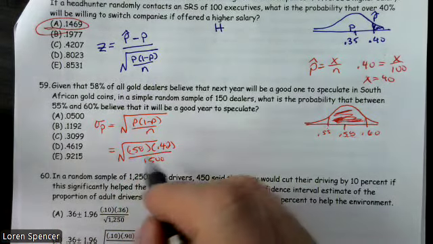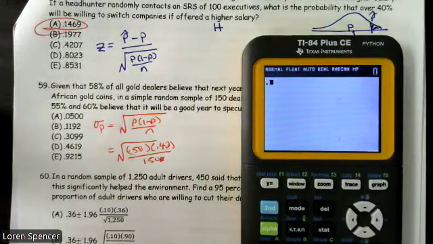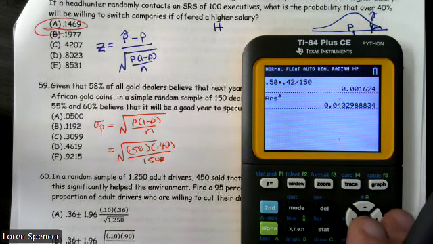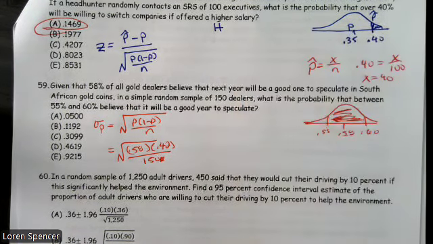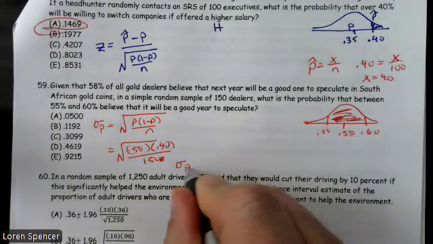So not 1500, but 150. Let's do that: 0.58 times 0.42 divided by 150, and I'm going to raise that to the half power. And I get 0.04029. So I'm just going to call it 0.0403. So my standard deviation for P hat equals 0.0403.